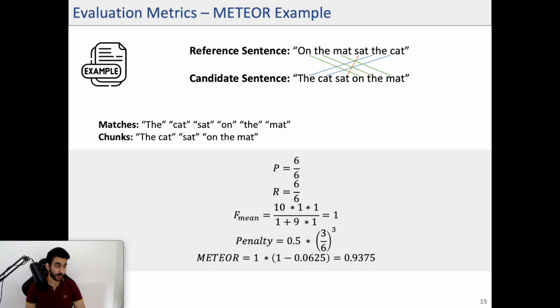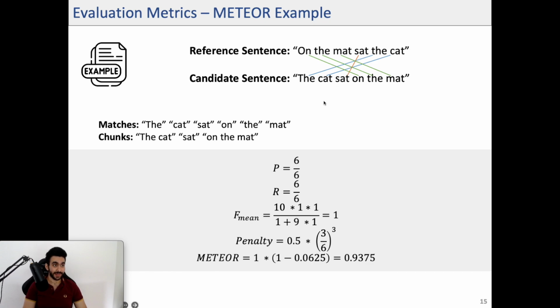However, the penalty term is going to be calculated by the number of chunks, or the largest contiguous sequence of words. So here "on the mat" is appearing in the same order. "The cat" is also appearing in the same order. And then "sat" is appearing hypothetically also in the same order.